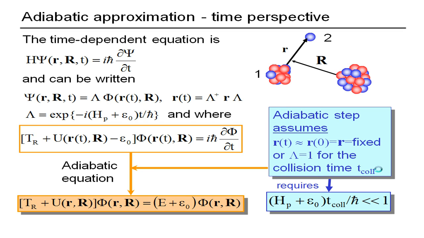Okay, but at the end of the day, the important thing is this thing down here. If this is going to be a good approximation, it must be such that the typical energies associated with the internal Hamiltonian of the system plus the binding energy here times the collision time, this quantity should be a lot less than 1. Okay, if that's true, this is fast enough to freeze that coordinate.